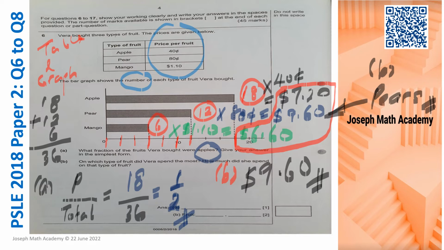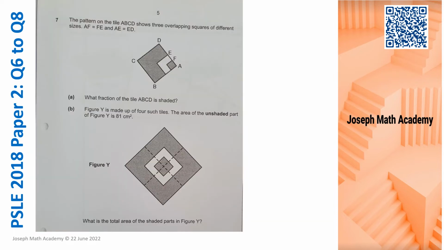I'm going to move on to Question 7. Question 7 is made up of a pattern. It's a repeated pattern of this particular figure. This particular figure has special information. I'm going to read to you. AF equal to FE and AE equal to ED.